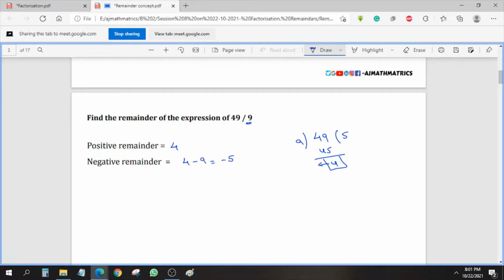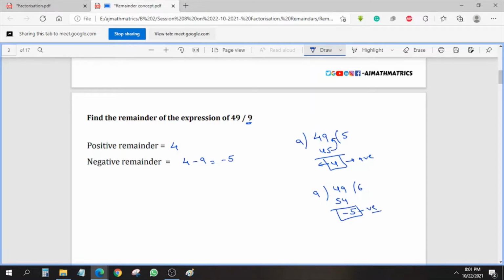Or else, in another way, 49 by 9: 9 fives are 45, and 45 is below 49. Now what is the next 9 multiple we have? 9 sixes are 54. So this 5 is the negative remainder. This is the positive remainder and this is the negative remainder.